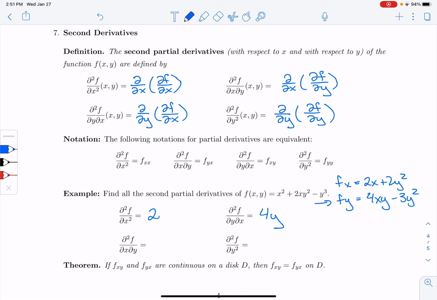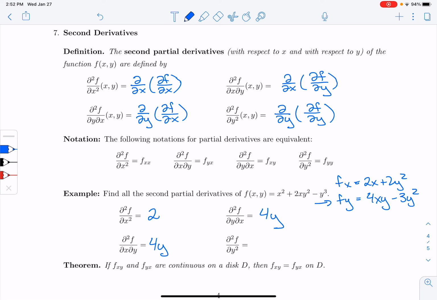So the derivative of 4xy is going to be 4y because x is the variable. And so 4 and y are just a constant. So the derivative of x is 1, leaving me just with the 4y. The derivative of the 3y squared in that case is going to be 0 because I'm taking the derivative with respect to x.